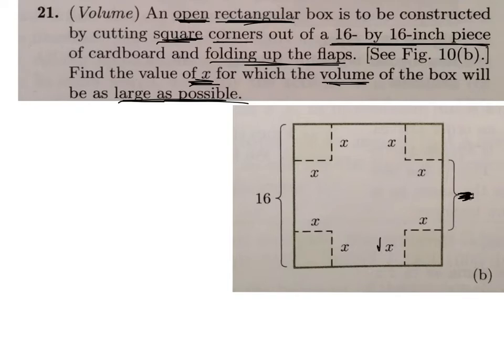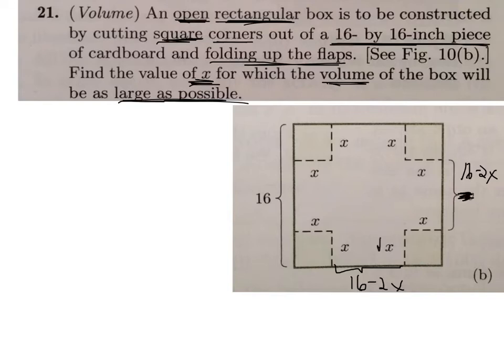So if I know this whole piece is 16, then once I cut it, what they called w is really 16 minus 2x. So all the sides, once they are folded up, will be 16 by 2x.